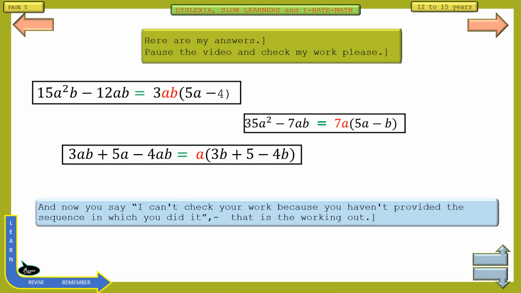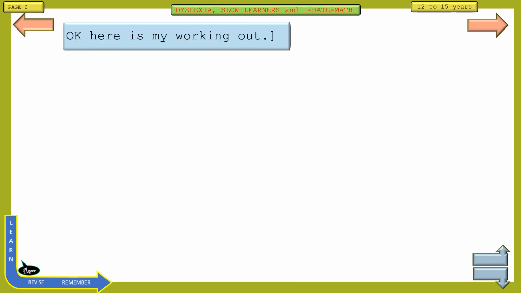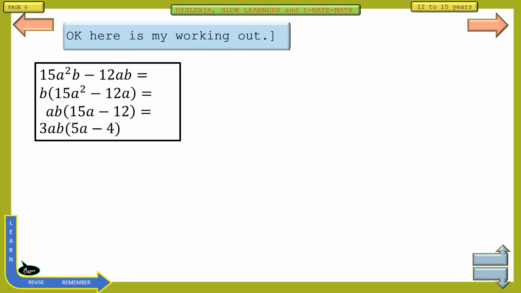And now you say, I can't check your work because you haven't provided the sequence in which you did it, and that is to say the working out. Okay, here is my working out. Starting with the equation 15a squared b minus 12ab.